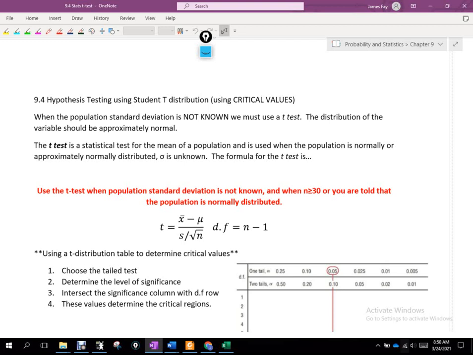We did the same thing with confidence intervals, but generally it's not going to be the test that you use, because you're not going to have access to all the information necessary to conduct that test.